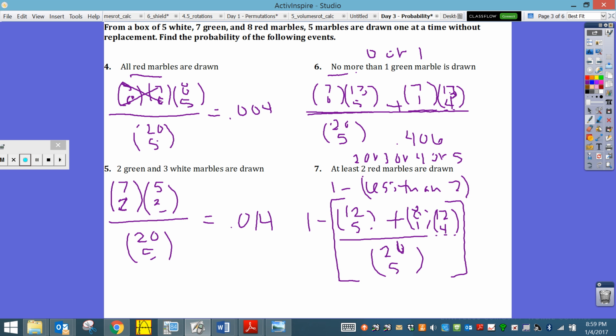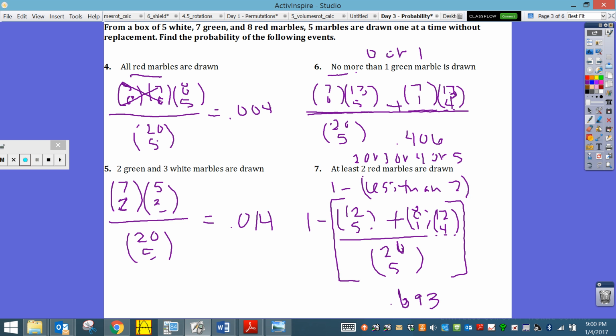So I would go ahead and maybe type in that fraction. I know it's written pretty poorly. Hopefully yours looks better and you can actually read it. Type in this whole thing and then do 1 minus your answer. Okay? And when you do that, you should be getting 0.693. Okay, 0.693.